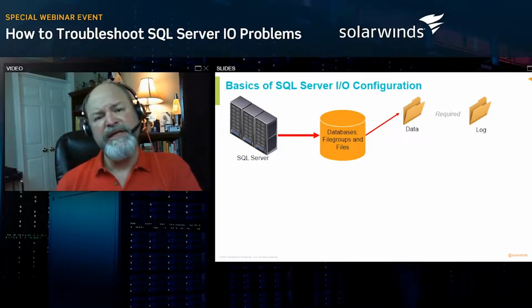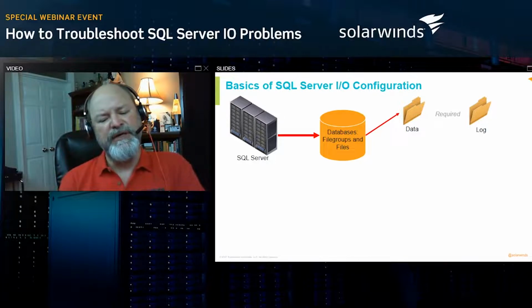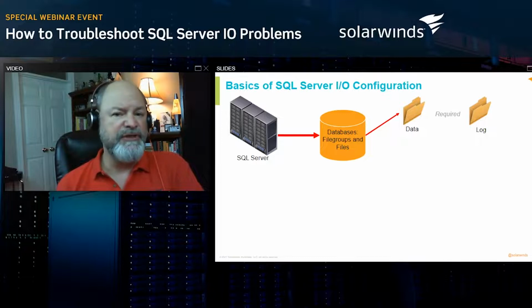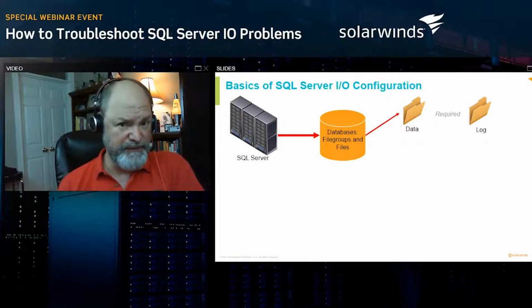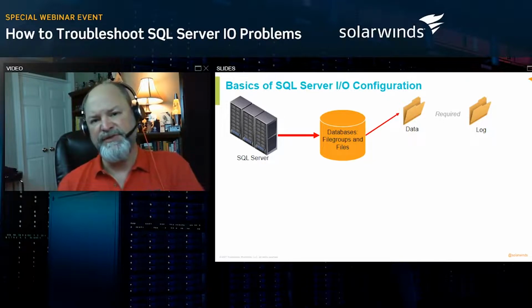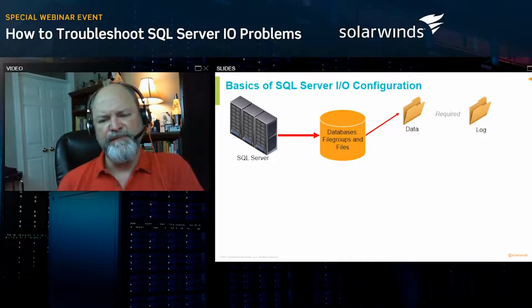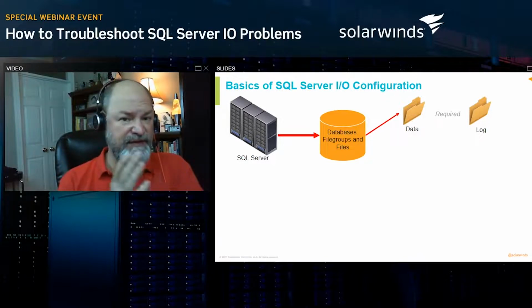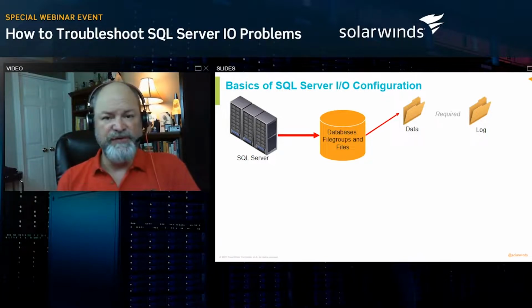On the other hand, data files, by default, SQL Server is going to give you one of those, but in general, I find that you're going to get better performance, particularly if there's a number of users actively using your SQL Server. I almost always start with 4 data files of exactly the same size, set up to auto grow the exact same amount.